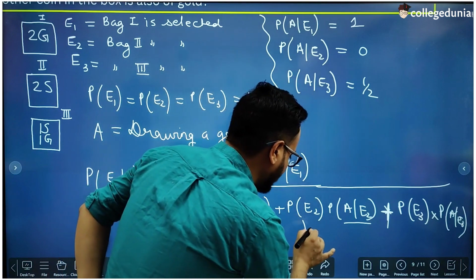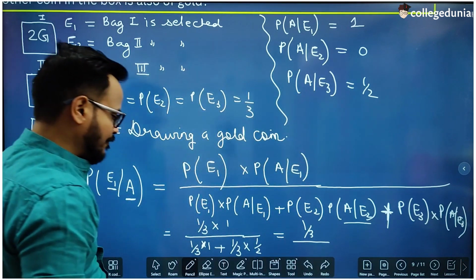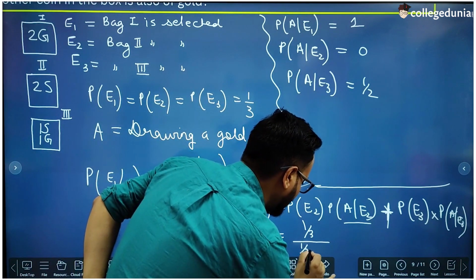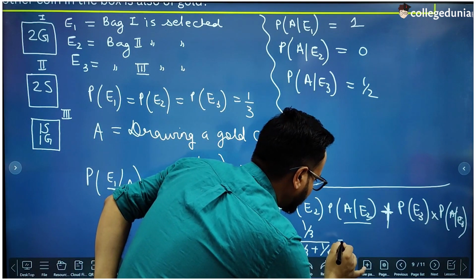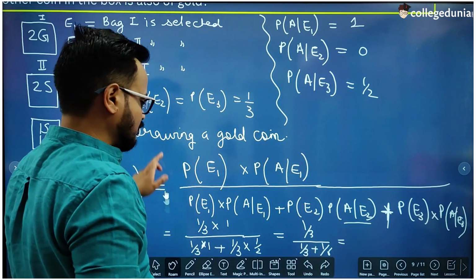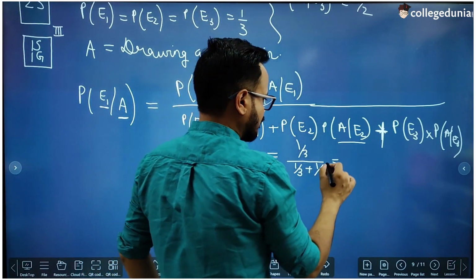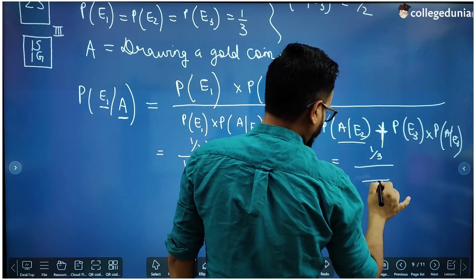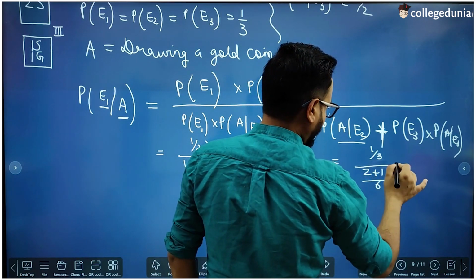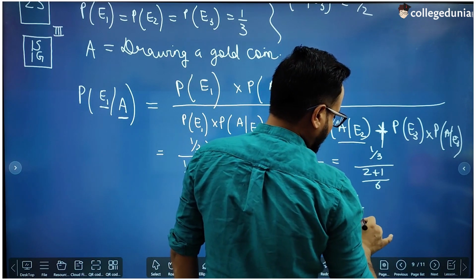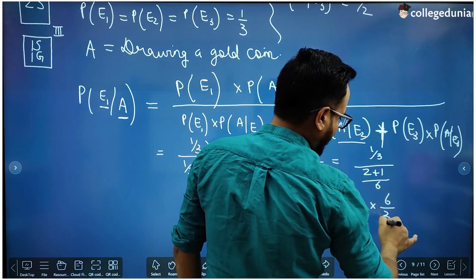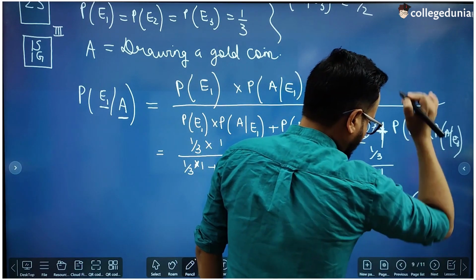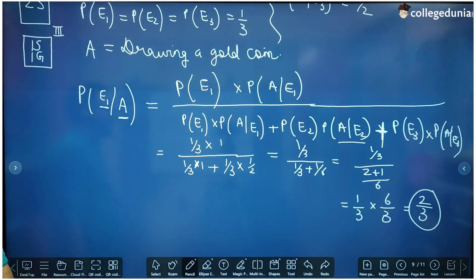This is 1 by 3 divided by 1 by 3 plus 1 by 6. So it is 1 by 3, LCM is 6, 2 plus 1, so it is 1 by 3 into 6 by 3, that is 2 by 3. So that is the probability.